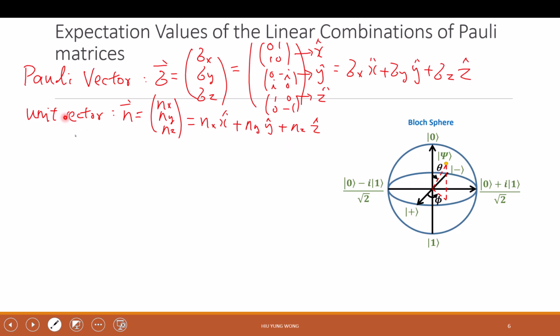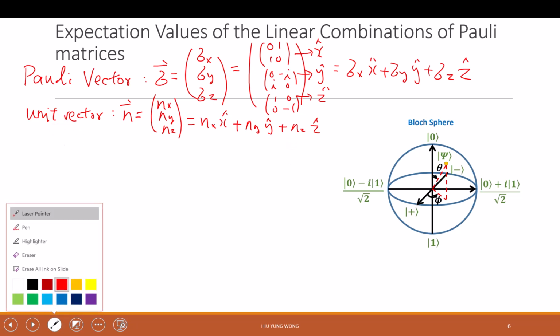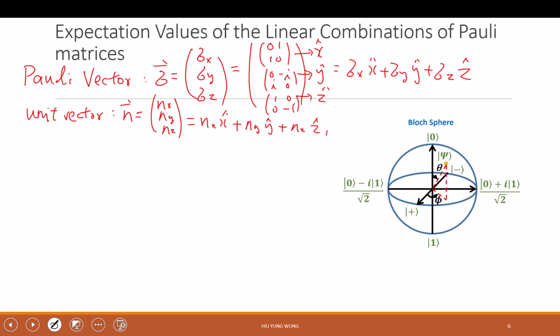But what is the meaning of unit vector? Length equal to 1. How do you find the length of this vector? This is just a regular unit vector that we learn, right?